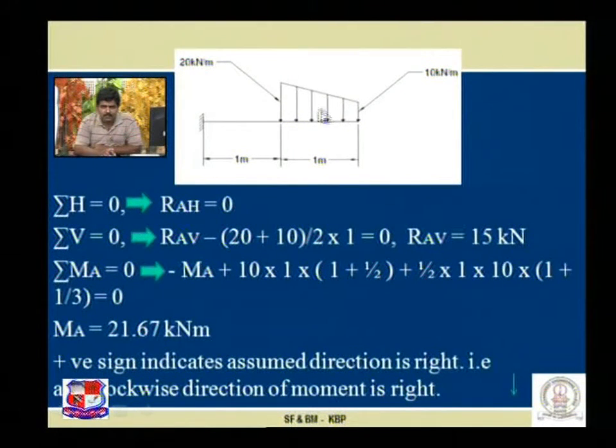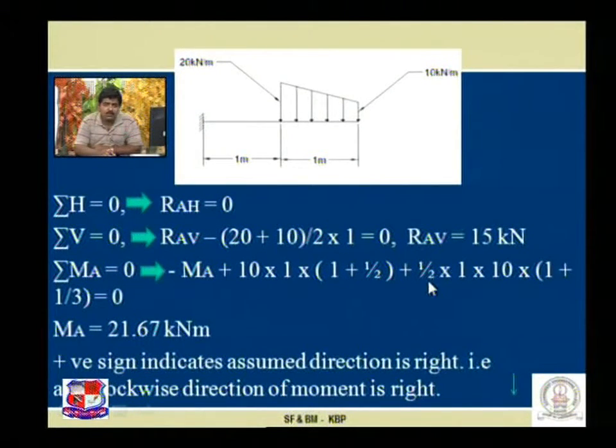First, the UDL, that is the rectangular part: 10 into 1 into the distance 1 plus 1 by 2, because this rectangle is a UDL acting at the CG, that is the center of the loading area, 1 into 1 half. Plus this triangular load, half into 1 into 10, that is the area of the triangle, into distance 1 plus 1/3 of 1, that is 1/3, which is equated with 0.